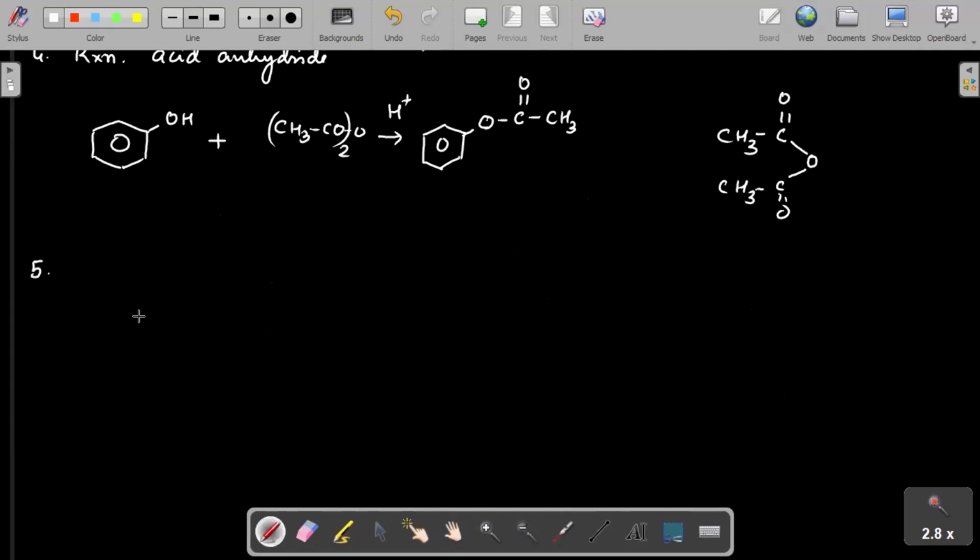Let's see another reaction now. Reaction with ammonia, NH3. How does it react? Phenol reacting with NH3, ZnCl2, zinc chloride at 675 Kelvin.